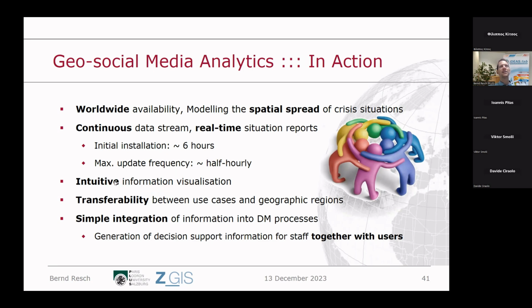Information visualization is one of the big questions. We just had a consortium meeting today as well with the Red Cross, with the Fire Brigade, and with others, where there's always this gap between what we output and what people want to see in the disaster management process.